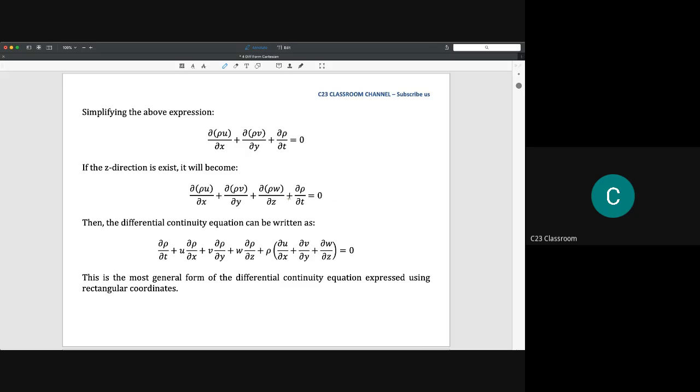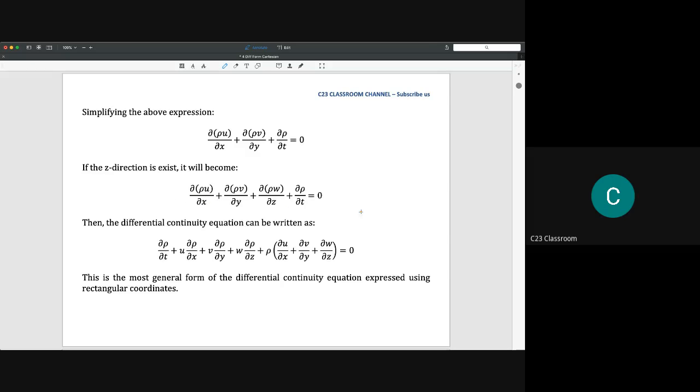So and then what we need to do is we need to expand this one. So we have del, the partial differential. Okay, so del rho u over del x will become rho del u over del x plus u del rho over del x.